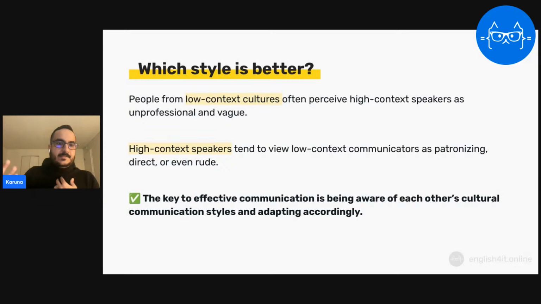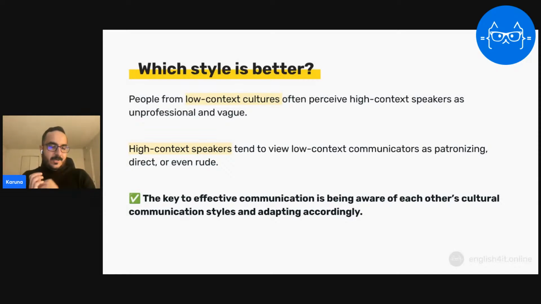Why are they saying yes when it's not necessarily the case, right? High context speakers, on the other hand, may find low context communicators way too direct or even rude. Like, wow, my manager just asked me such a direct question or gave me such direct feedback, am I in trouble?